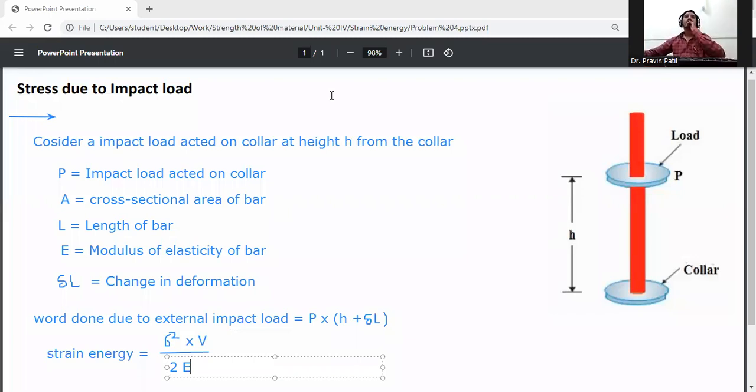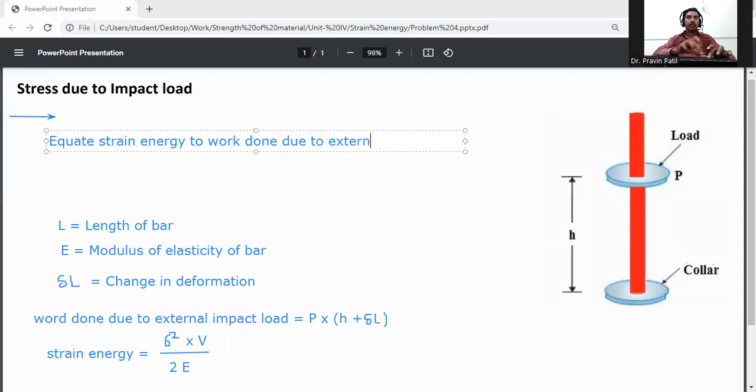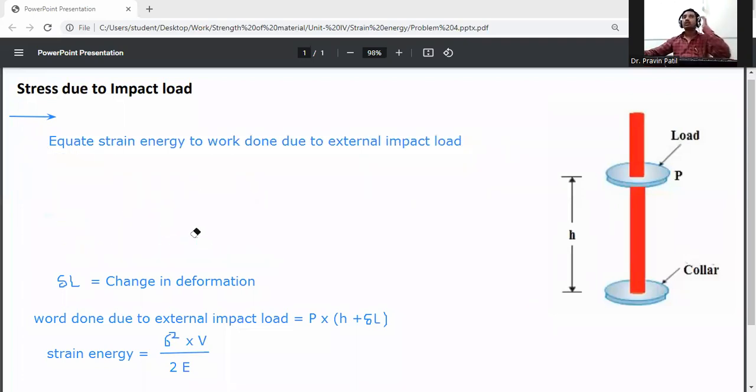So equate strain energy to work done due to external impact load.